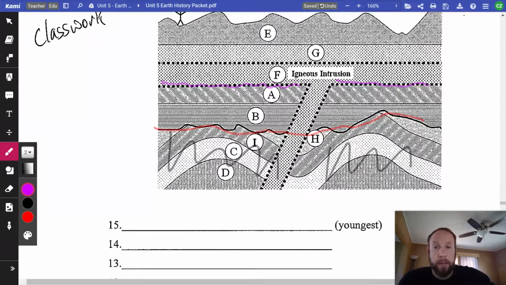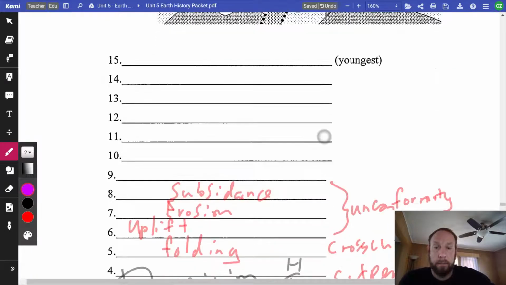And because of the contact metamorphism on top, we know G happened before F also. So we can, with fairly good certainty, say B, A, then G. Okay? Deposited.